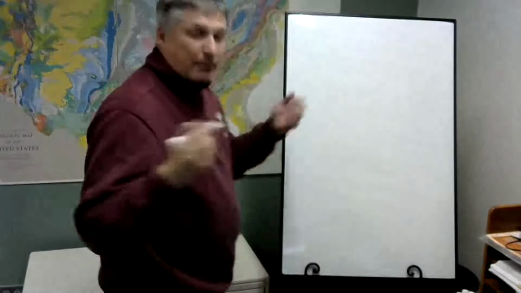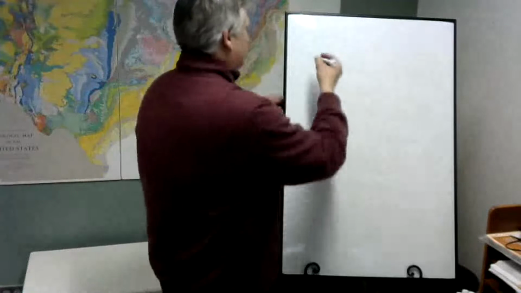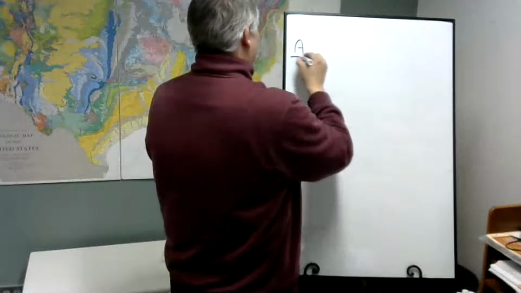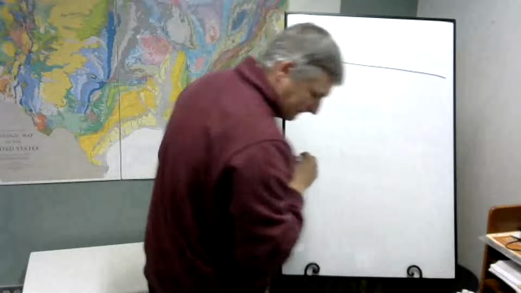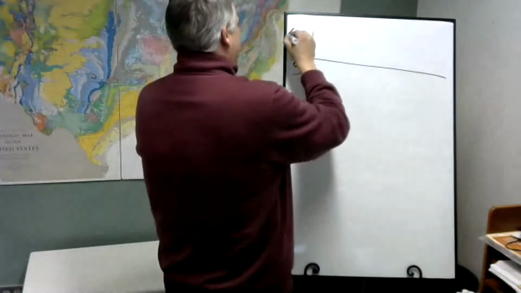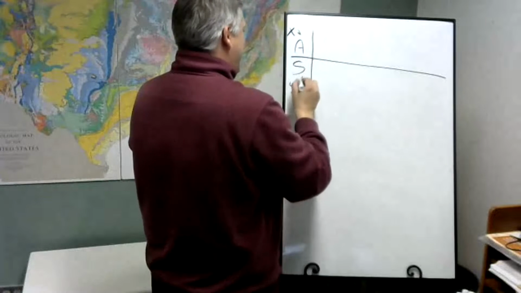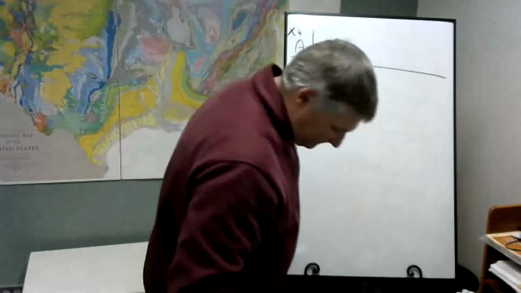Let's say we have Albuquerque and Santa Fe. Again, this will be our X variable. This will be our Y axis, or our Y variable.